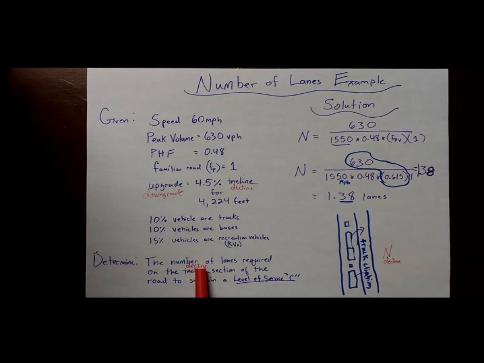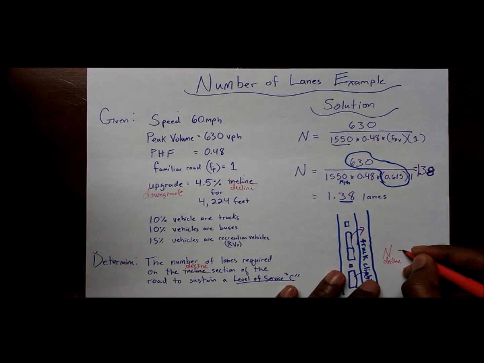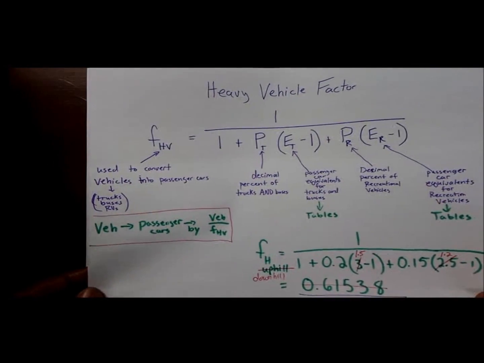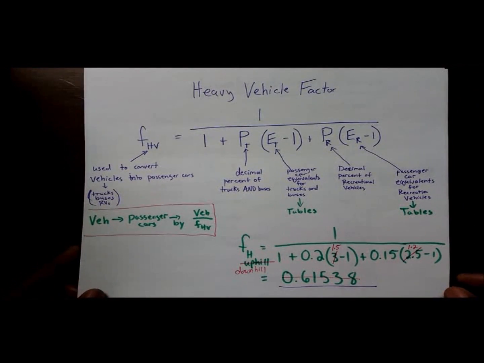And so the number of lanes required on the decline section of the road to sustain a level of service C is the question that's being asked now. How would that change? Would the number of lanes increase or decrease? Well, one thing we know would change, since vehicles are no longer slowly climbing uphill, especially those trucks and buses, is that we may have a different heavy vehicle factor.